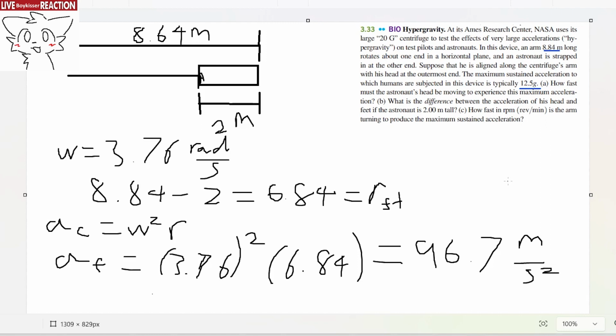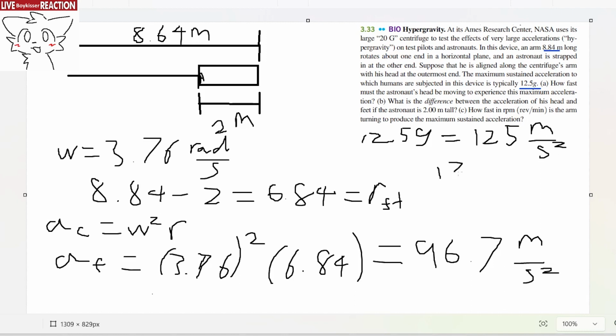And since we know that the head has an acceleration of 12.5 g, we subtract them both. So 12.5 g equals 125 meters per second squared.